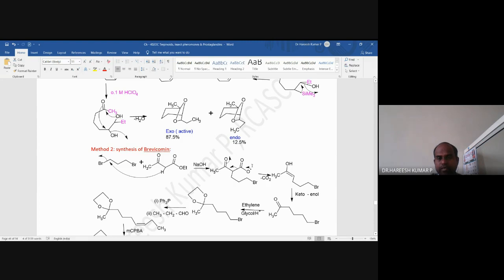How is it going? This anion can come over here. So what I mean to say is that this ester is there, no? So ester on treating with sodium hydroxide is hydrolyzed to acid. That acid on heating undergoes decarboxylation.